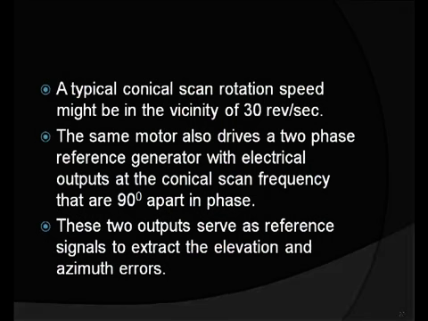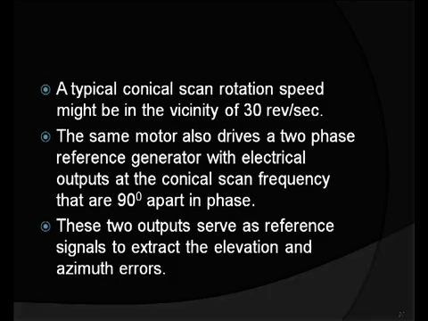A typical conical scan rotation speed might be in the range of 30 revolutions per second. That means in 2 seconds it's going to complete the one rotation around the target with several beams placed adjacent to each other.